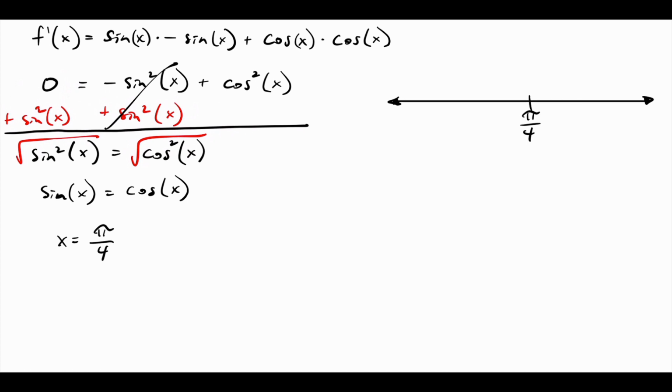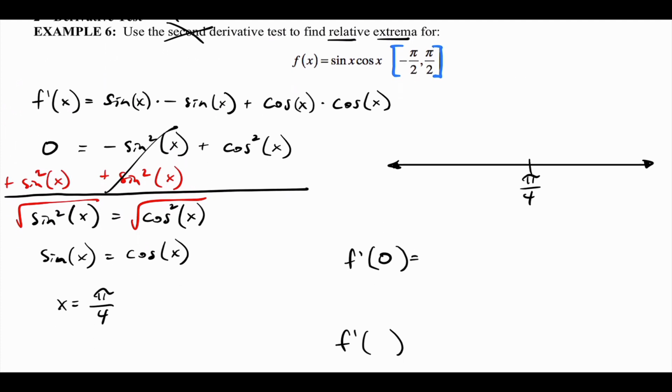Okay. So I need to plug in a value that's less than pi over 4 and greater than pi over 4, within the interval. Less than pi over 4, I think 0 is probably the best one. Bigger than pi over 4, we can't go over pi over 2 though.